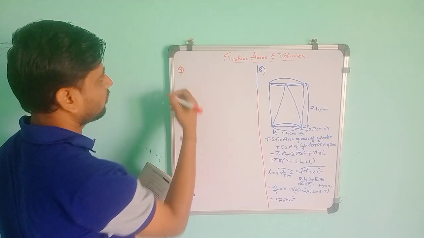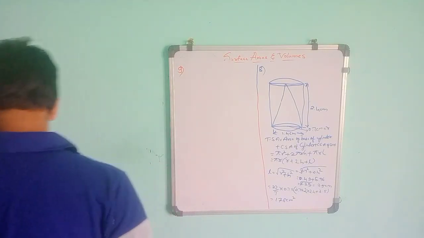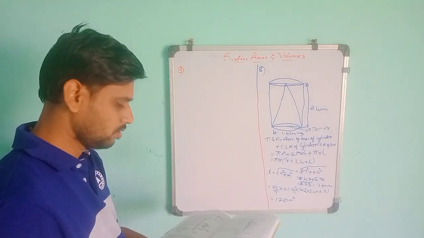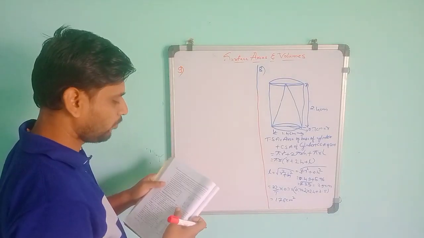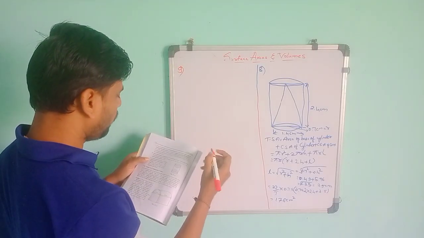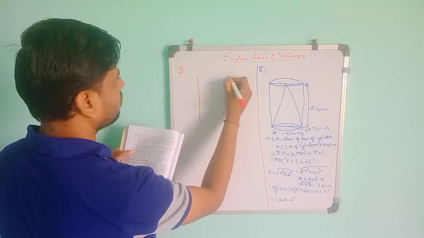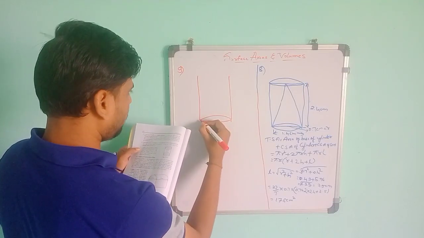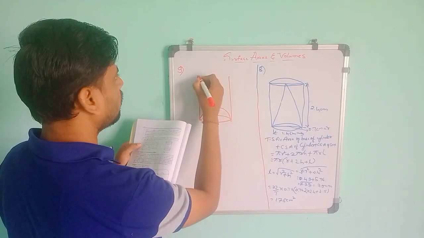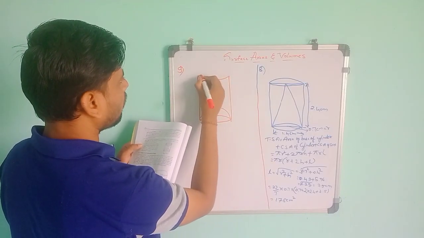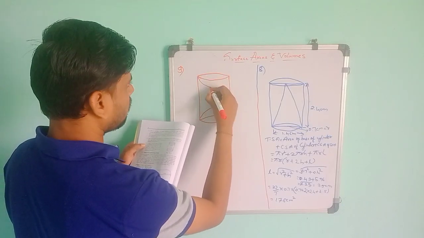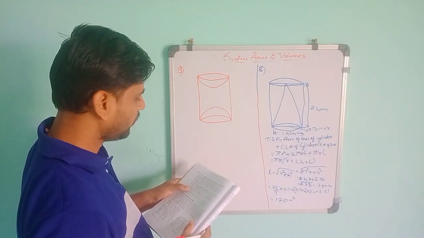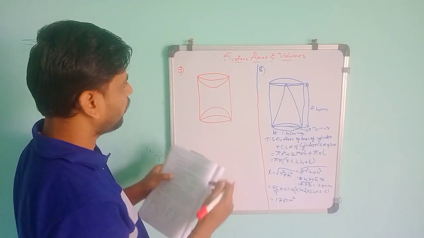Last problem of this exercise: a wooden article, given in figure 15.11, was made by scooping out a hemisphere from each end of a cylinder.